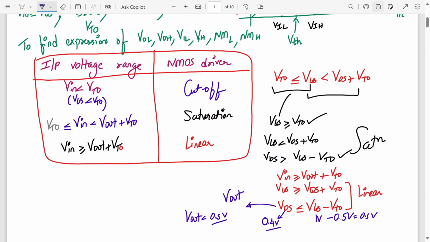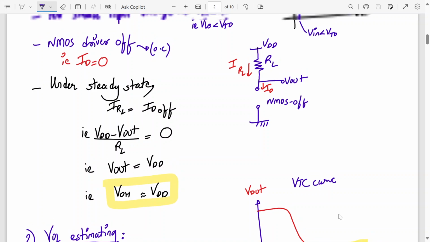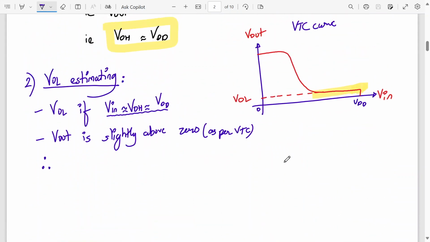So V out is slightly above 0. That is, instead of 0 volt, you have over here 0.4 volt. I hope you got this point. So therefore, we can say that when V out is slightly above 0, VDS is less than VGS minus VTO, as we have proved above.